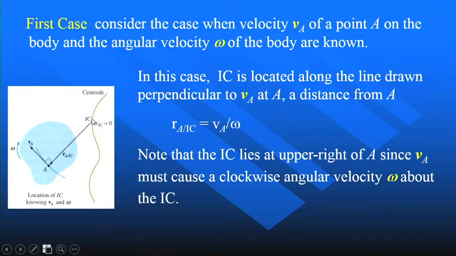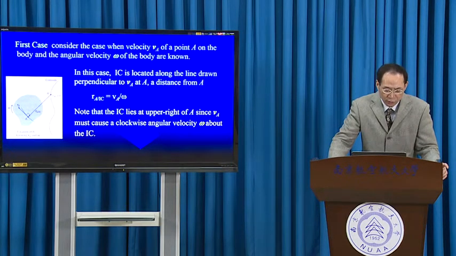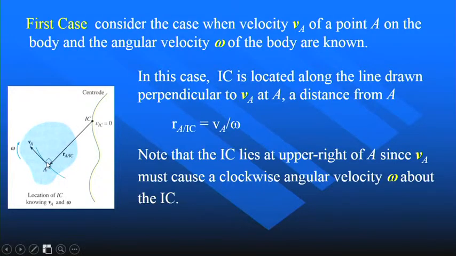The IC is just like the fixed axis in that diagram. And R of A relative to IC is a radius, because we first know VA. So the radius at A should be perpendicular to VA. So we draw A to IC perpendicular to VA. So we get this line segment A-IC.